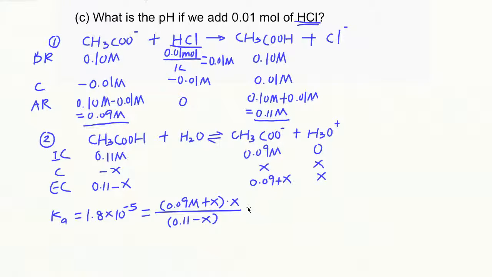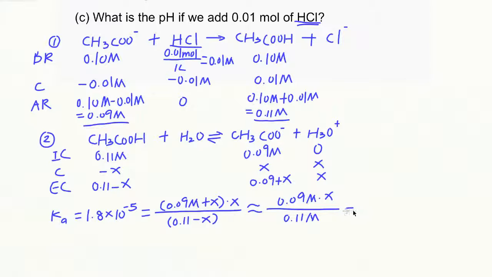Because x is very small, we can assume that 0.09 plus x is 0.09 itself, times x, divided by 0.11, because 0.11 minus x is about 0.11 itself.